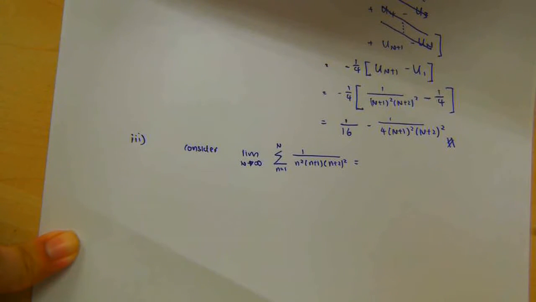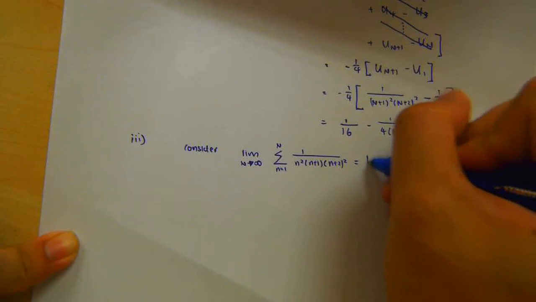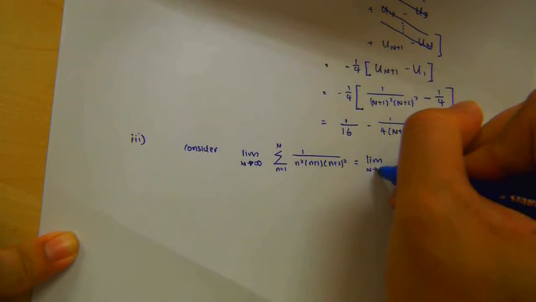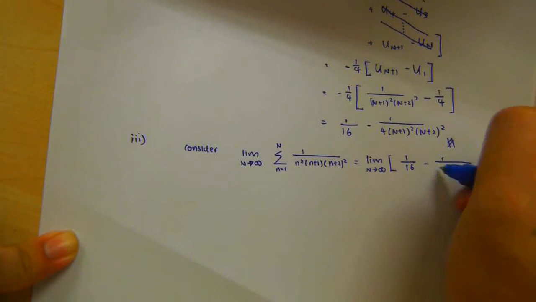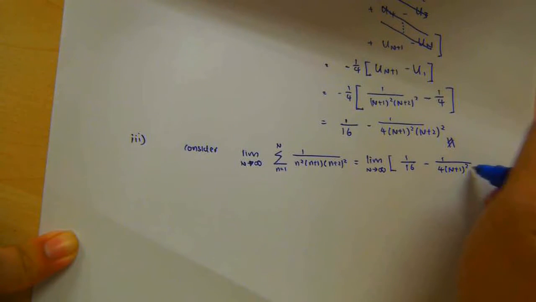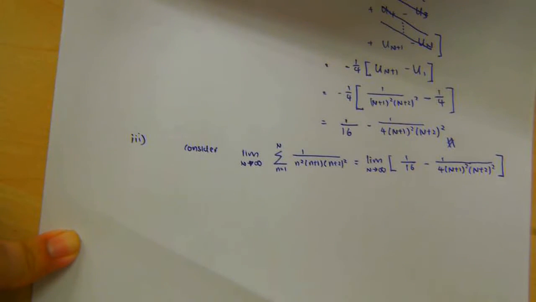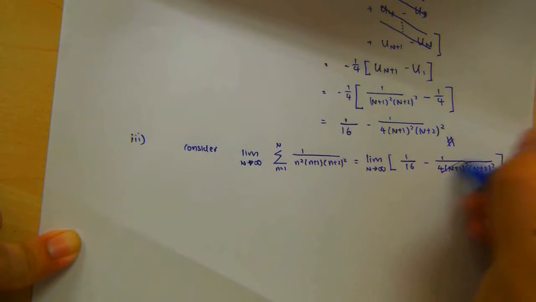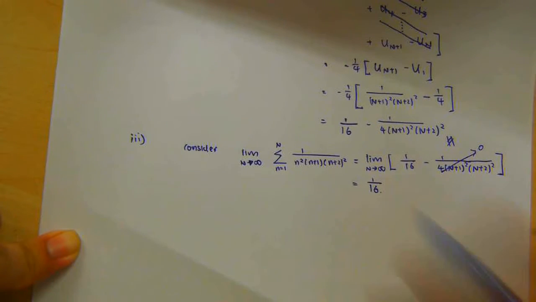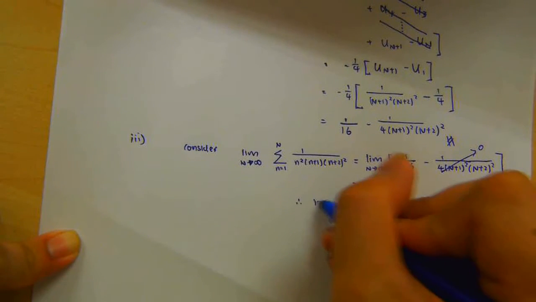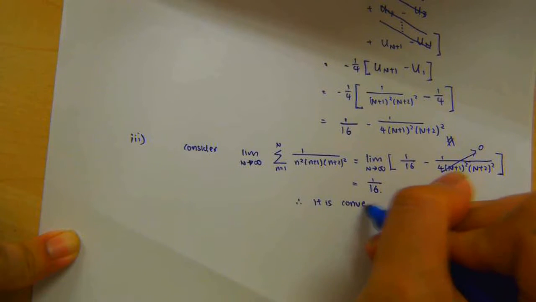We'll replace the summation sign with the proven result. The limit of n to infinity simply requires us to sub n as infinity into the expression. And this will make the second term 0, since 1 over infinity is 0. So I'm only left with 1 over 16, therefore it is convergent.